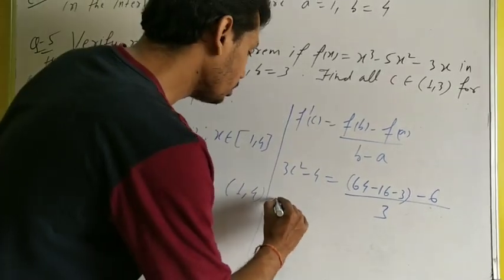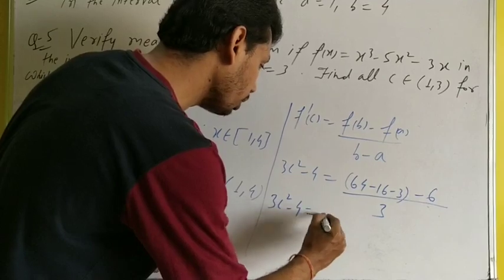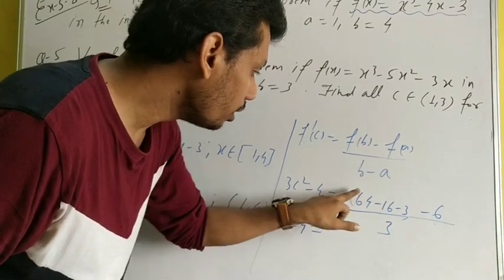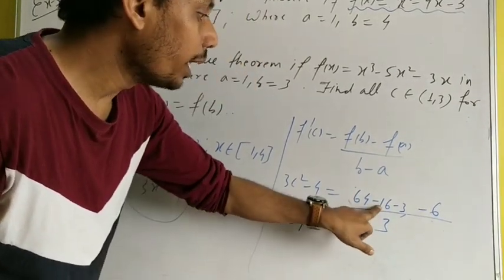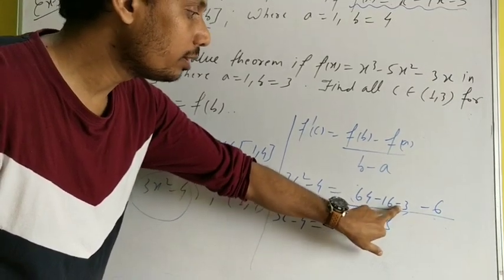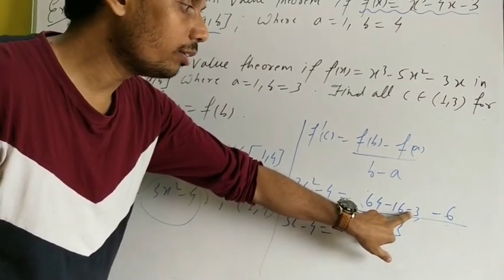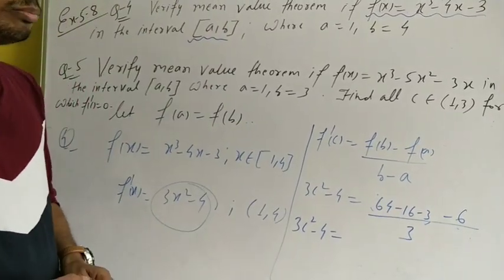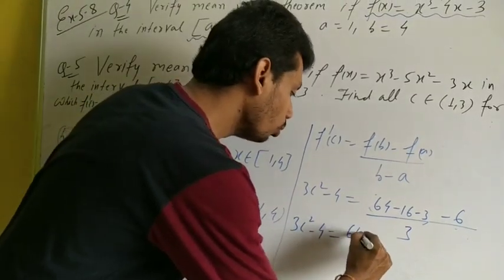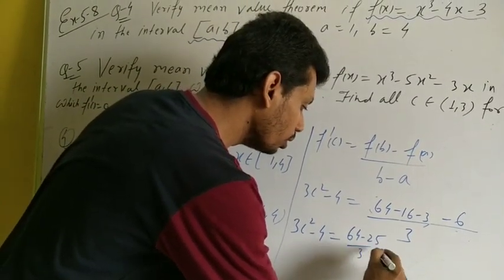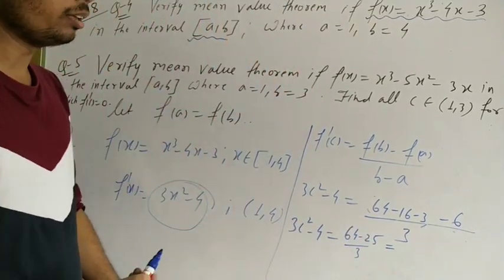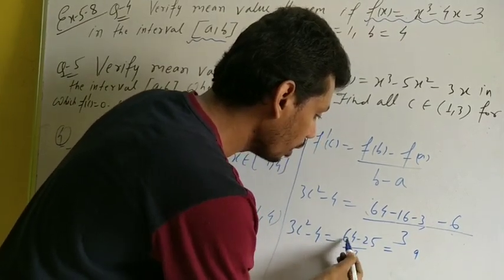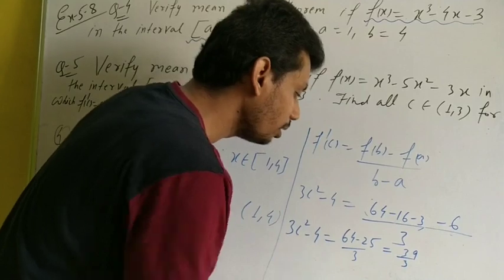Now let us simplify this. 3c square minus 4 is equal to 64 minus 16 and minus 3, which is minus 19, and minus 6, which is minus 25. So 64 minus 25 upon 3, which is 39 by 3.